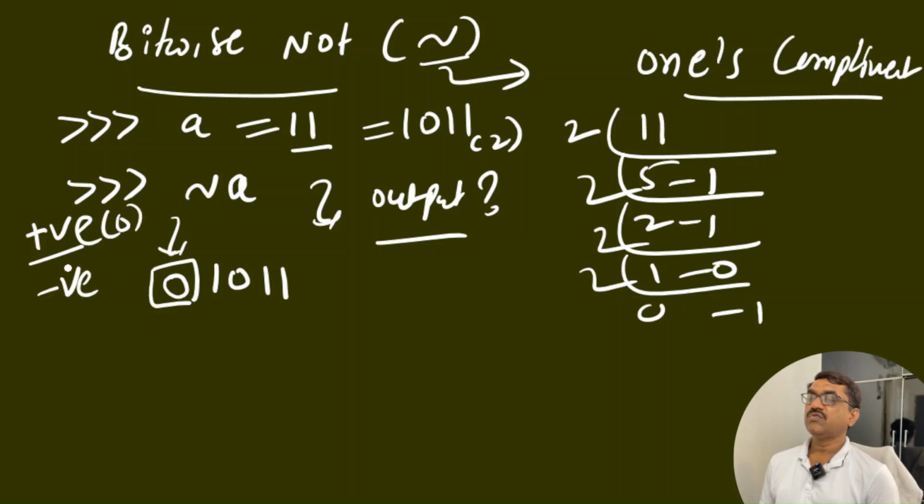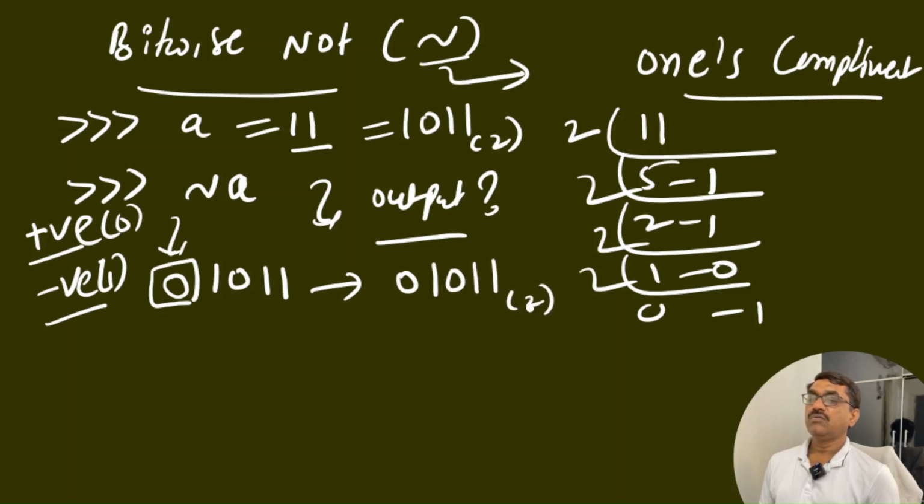We are using 0 for representing the positive number and 1 for the negative number. We have taken only the positive number 11. Its internal representation is 1011. We are adding an extra 0 to indicate that this is a positive number. Now this number is changed to 0 1 0 1 1.